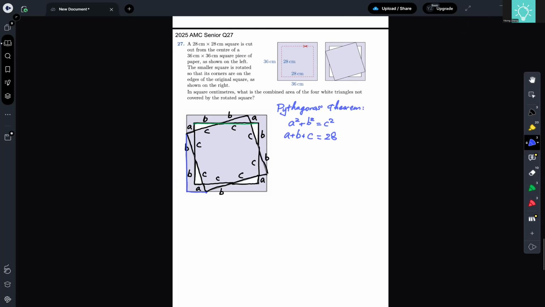Look at this blue triangle over here, and look at this red triangle over here. They are similar because all their lines are parallel, so they have equal angles. So we can see that the blue and red triangles are similar.